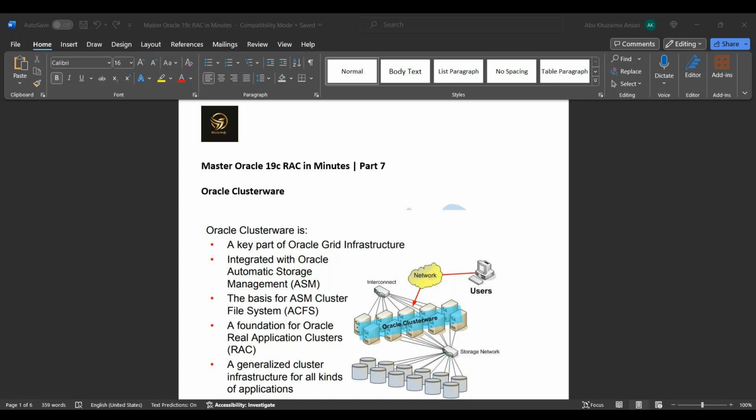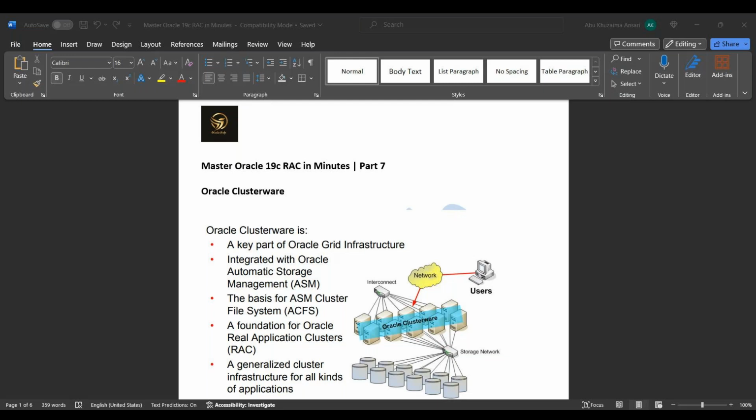Oracle Clusterware also enables the ASM Cluster File System, which is a generalized cluster file system that can be used for most file-based data such as documents, spreadsheets, and reports. The combination of Oracle Clusterware, ASM, and ACFS provides administrators with a unified cluster solution that is not only the foundation for the RAC database.